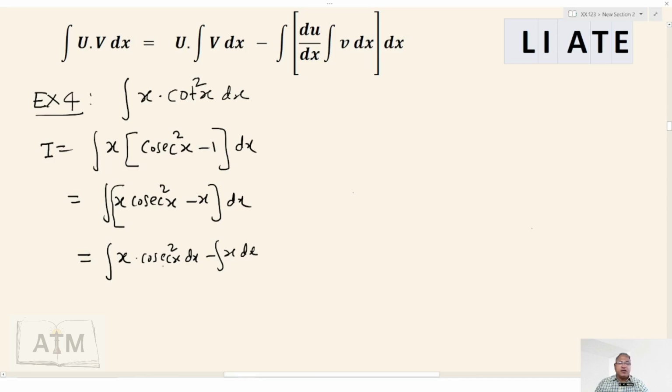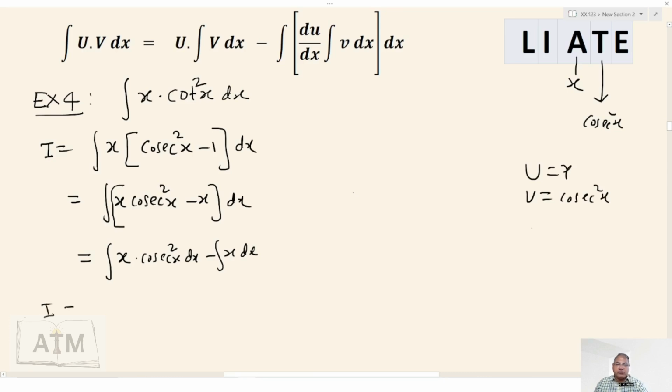That is quite easy. But here are two functions. What are the two functions? One is x, another is cosec square x. Here we need to apply the product rule. So x is algebra, and cosec square x is trigonometry. Therefore u equals x and v equals cosec square x.